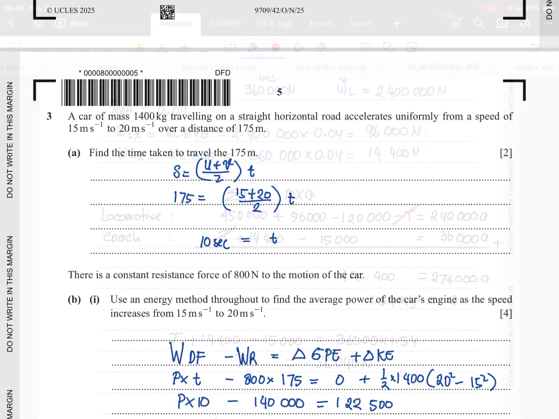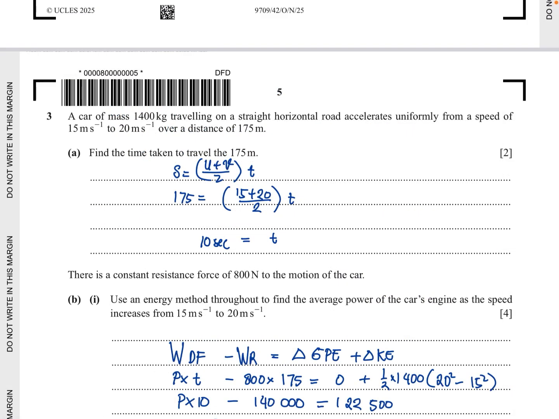newtons. Question 3. A car of mass 1400 kg traveling on a straight horizontal road accelerates uniformly from a speed of 15 meter per second to 20 meter per second over a distance of 175 meters.